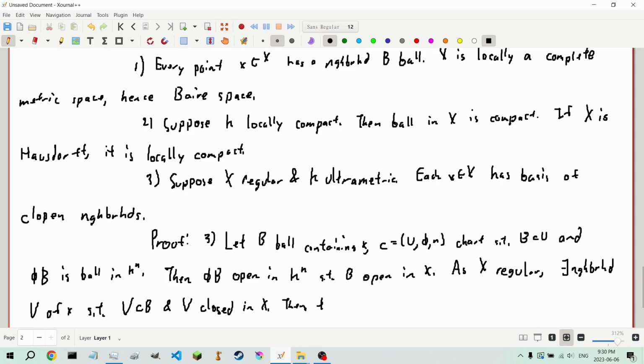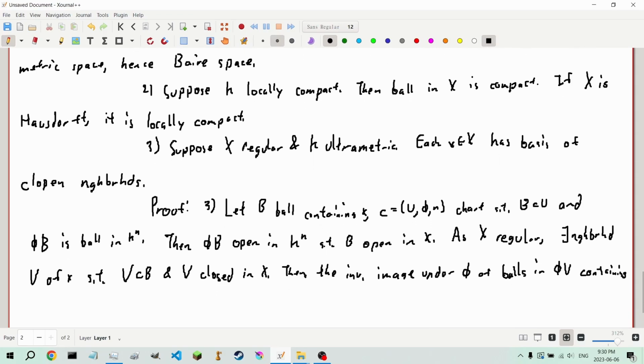Then the inverse image under phi of balls in phi of V containing phi of x is a fundamental system of neighborhoods of x which are both open and closed.